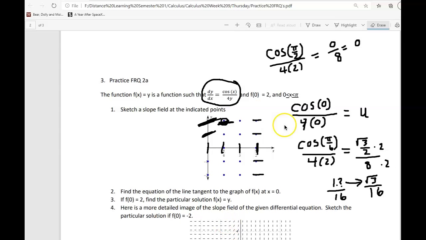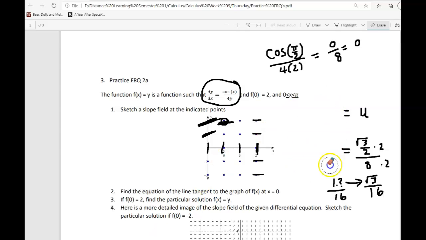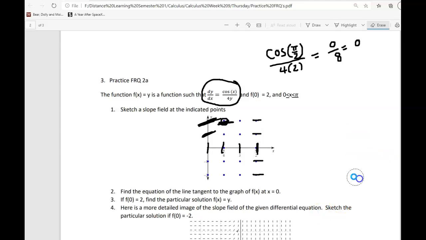And then you're just going to keep doing that for every point, okay? Now, I'm not going to do every one of them on the video here, but that's basically the idea, is just to kind of go through and keep finding the slopes at each point. As it turns out, most of these slopes are just going to end up being really, really flat.